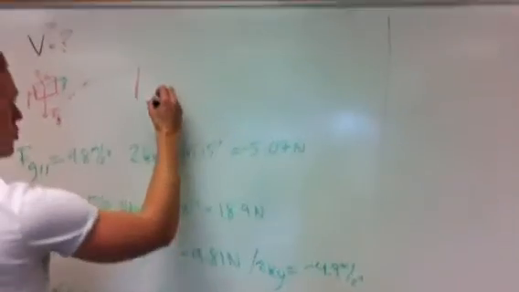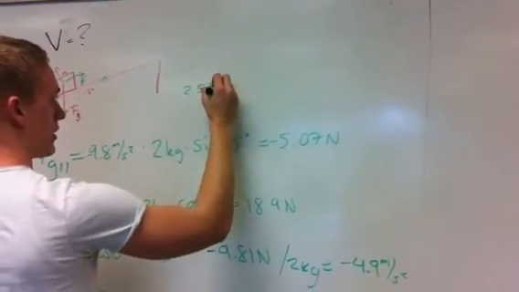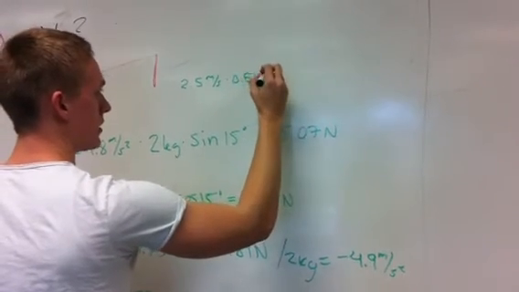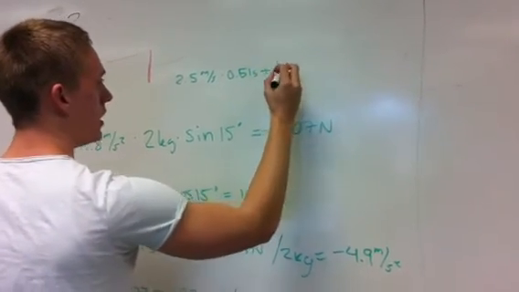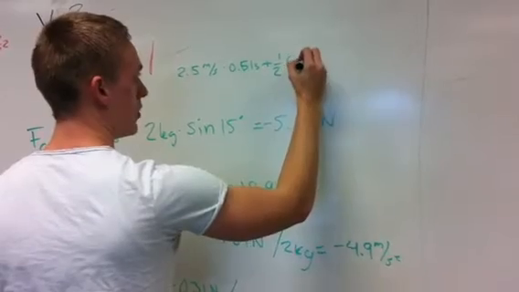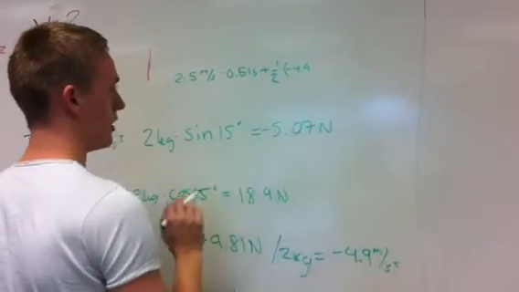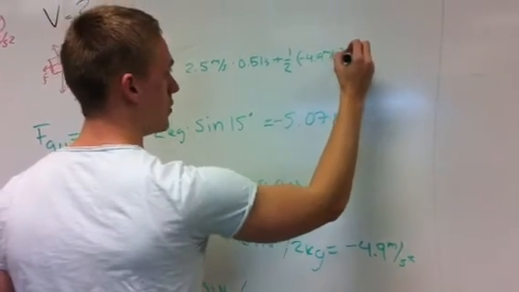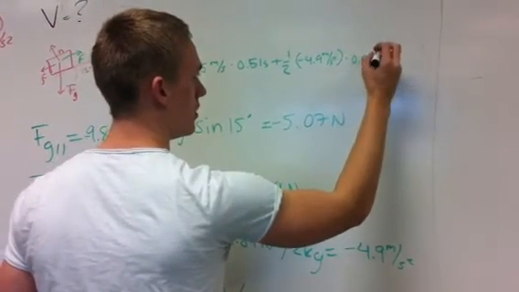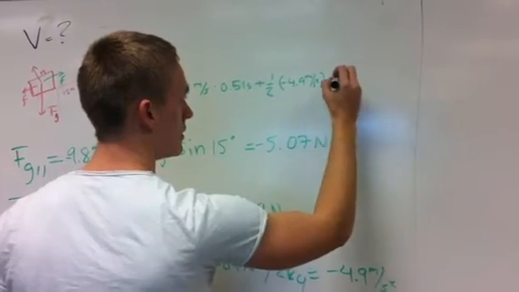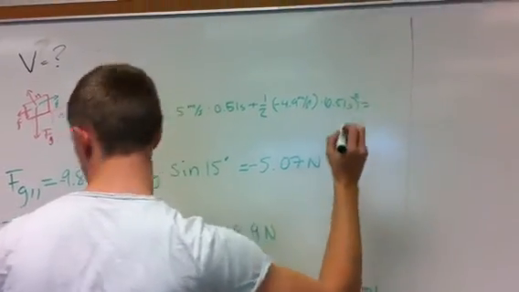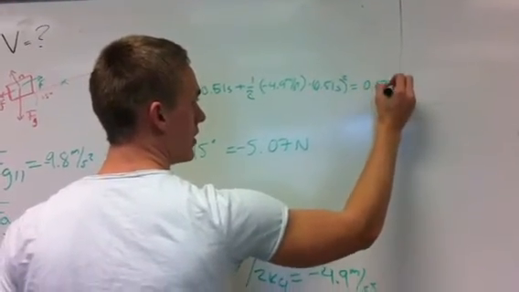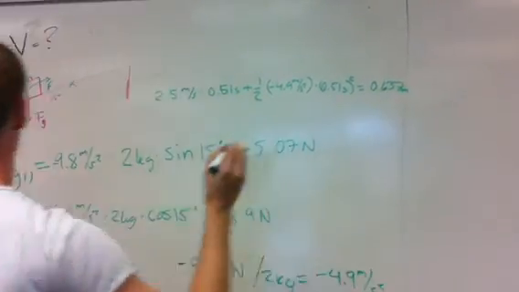So 2.5 meters per second to begin with, multiplied by 0.51 seconds, plus 1/2 negative 4.9, which was the initial deceleration, so we know how far it moved up, meters per second squared, multiplied by 0.51 seconds squared. And this comes out to being 0.637 meters.